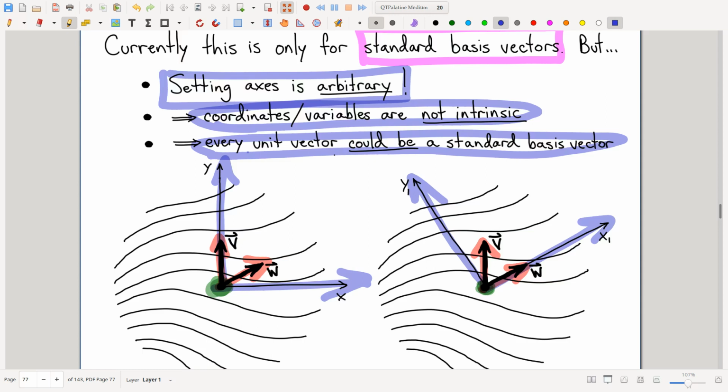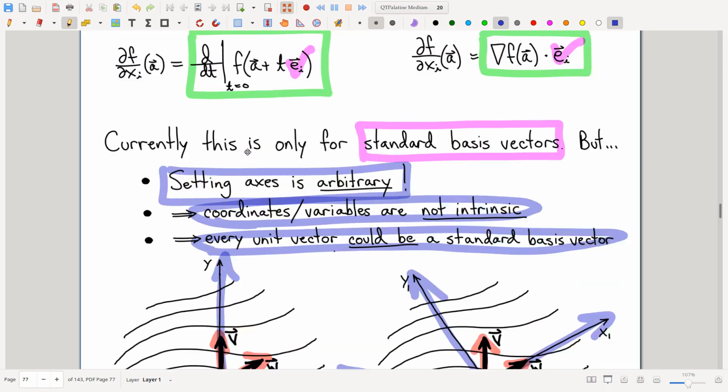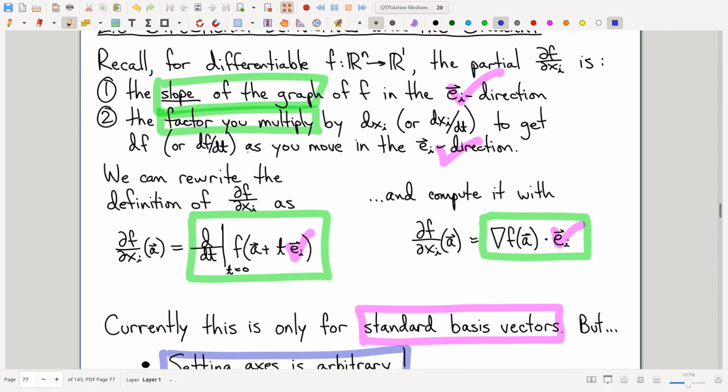Okay, so with that in mind, going back up to what we concluded about partial derivatives: these four properties that I have written in green now only apply to standard basis vectors, those I have in purple.